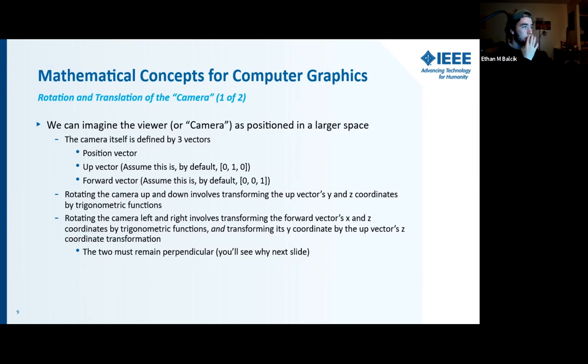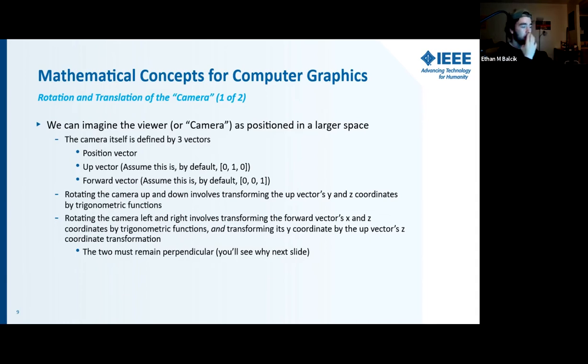So here, it's showing how we define a camera by a couple of vectors. We have its position, which you can think of as a point in space. Obviously, it's positioned somewhere in space. Then we have the up vector, which defines what direction is up.